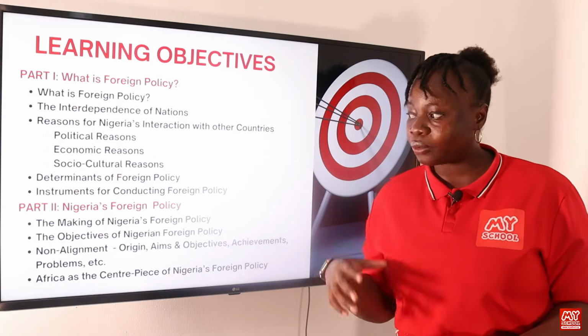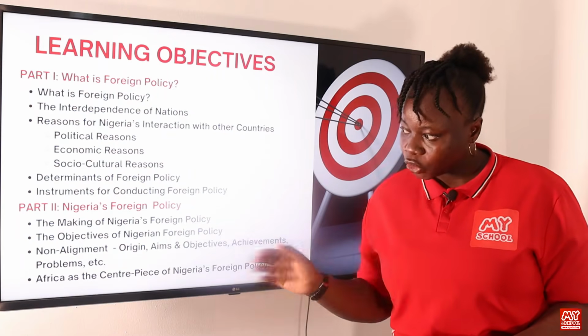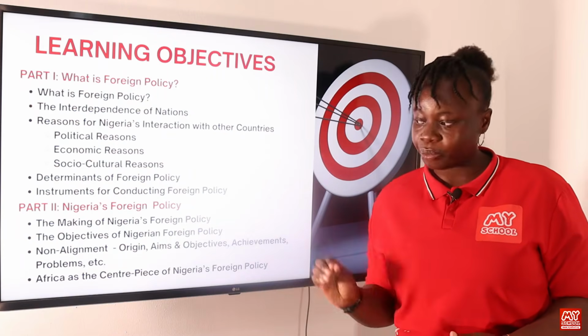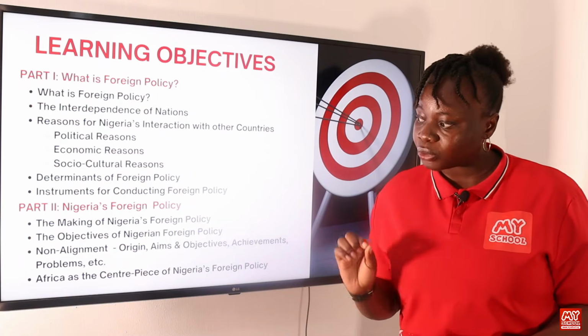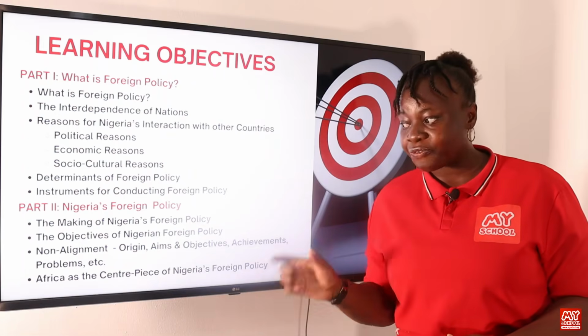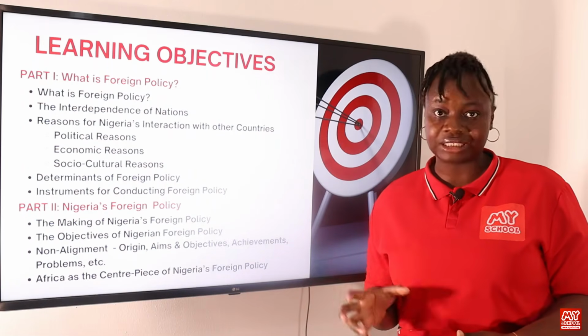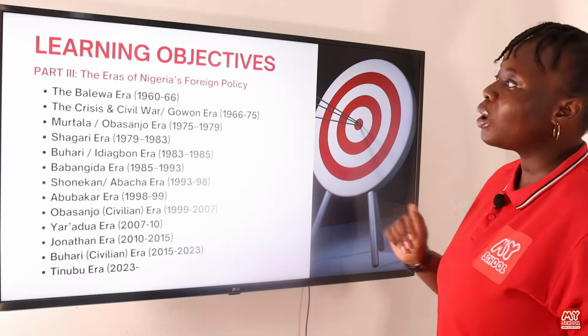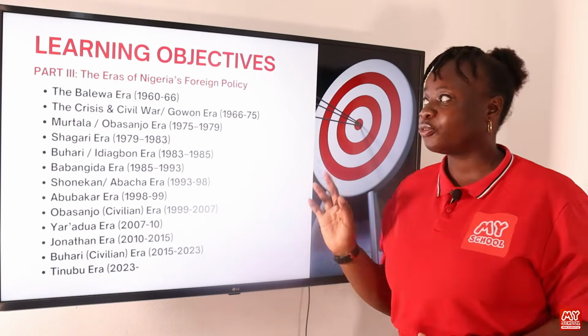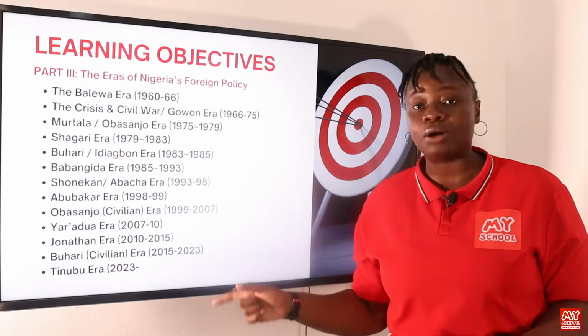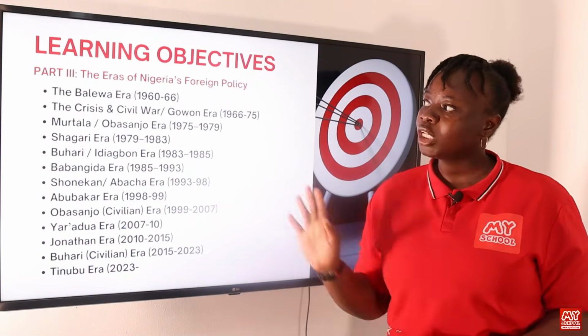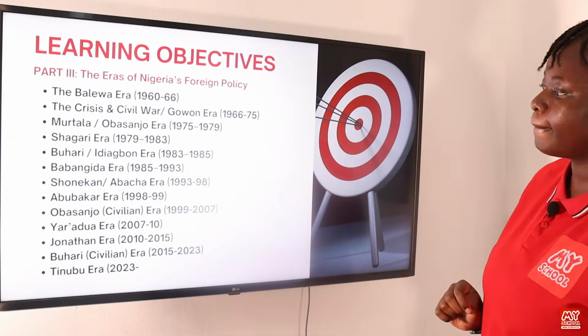We're going to discuss how Nigeria's foreign policy is made, the objectives of Nigeria's foreign policy. We're also going to discuss the principle of non-alignment and Africa as the centerpiece of Nigeria's foreign policy. Then we are going to move on to the eras of Nigeria's foreign policy from the Balewa era down to the Tinubu era. So let's dive right into it.